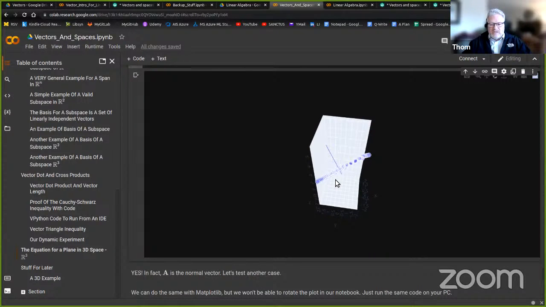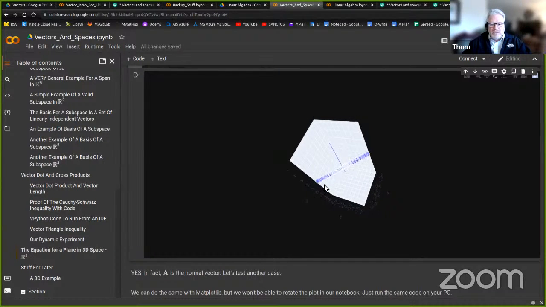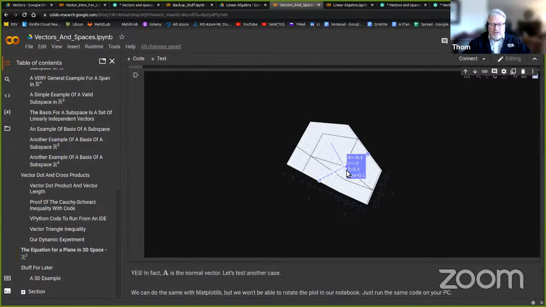So we just created a lot of points for our plane, and they were controlled by that equation. But we could have defined it with this normal vector ahead of time. This time we solved for them, but it was easy to solve for them. So yes, in fact, A is the normal vector.